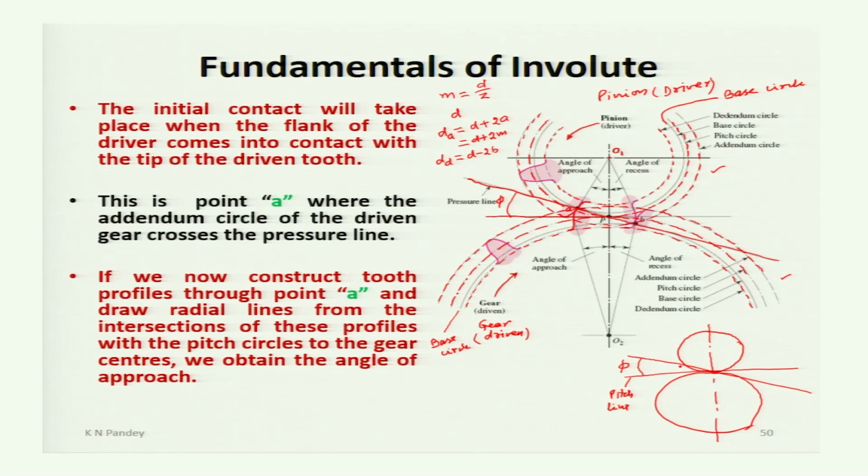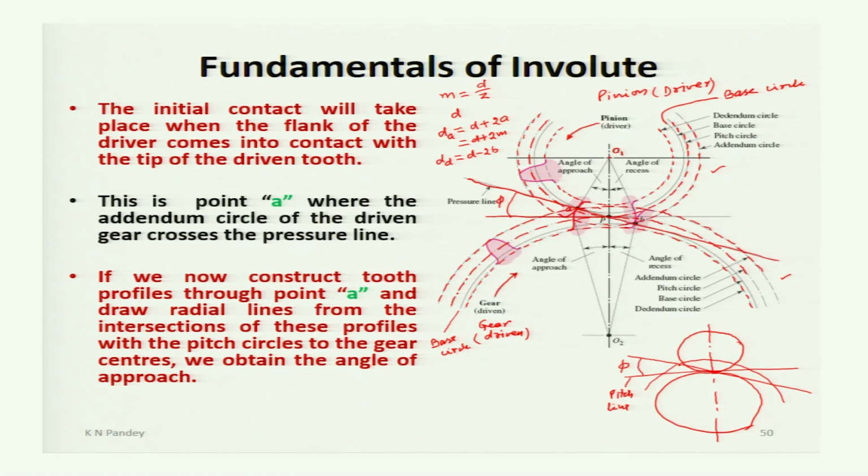Now, we have said that this A point, the start of contact point, is the point corresponding to intersection of addendum circle of the driven gear and the pressure line. So, pressure line, and let the addendum circle of the driven gear pass like this.